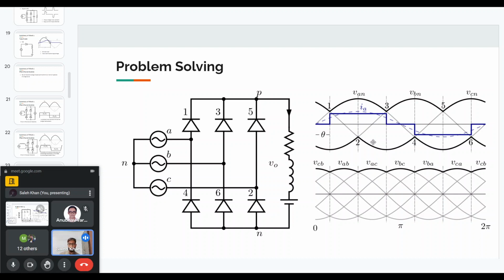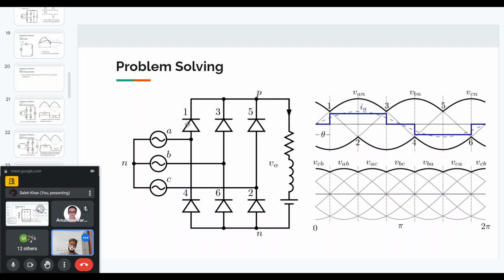If we apply the principle that I mentioned about the common anode and common cathode configurations, then we will see that the different diodes will be forward biased at different points. Here I've written point 1. This is the angle when diode 1 becomes forward biased. Because as you can see at point P, we have three diodes connected, diode 1, 3, and 5.